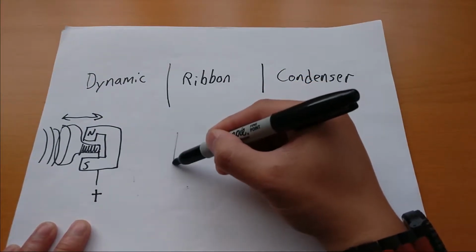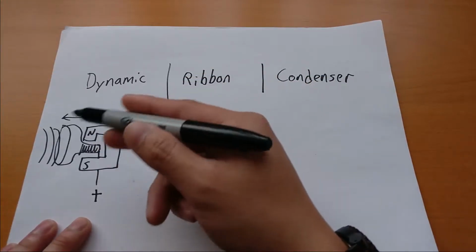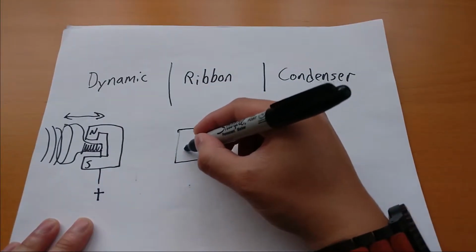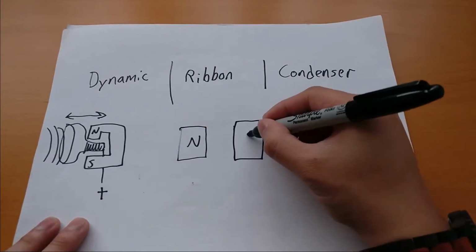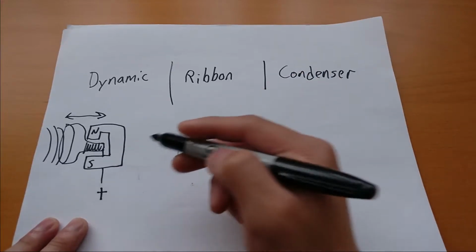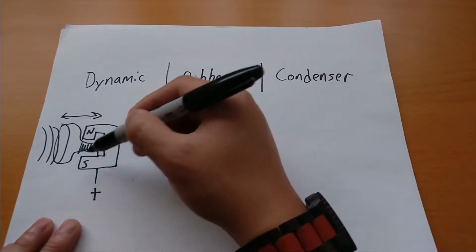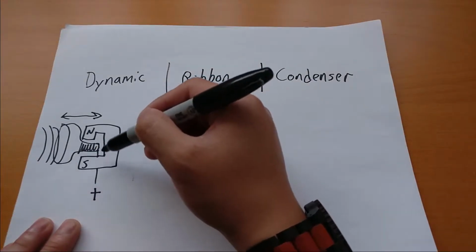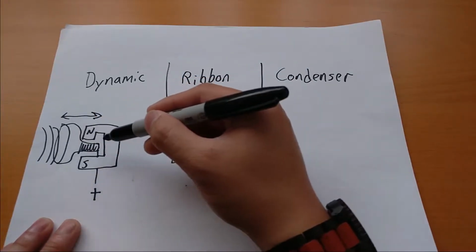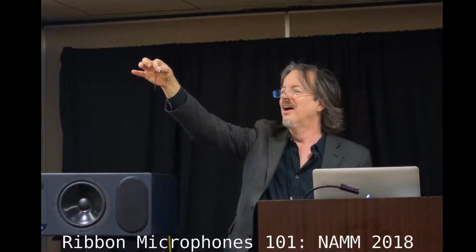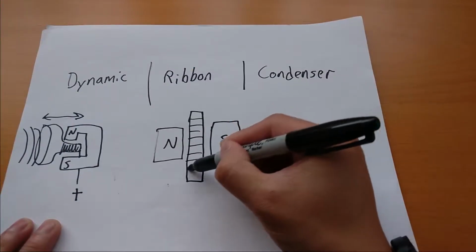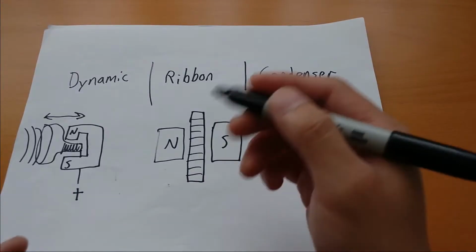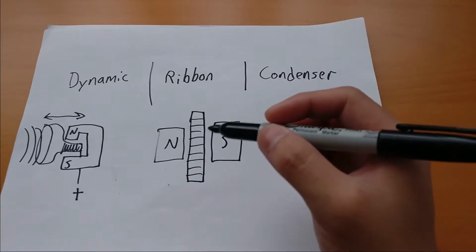But yeah, ribbon microphones are kind of a variation of the dynamic in that they are suspended between two permanent magnets, north and south, similar to the dynamic one. But instead of this cone and wire going in and out of the permanent magnet, ribbon microphones will have a very, very thin piece of foil that's usually corrugated so that it allows some extra durability to prevent it from breaking as easily.